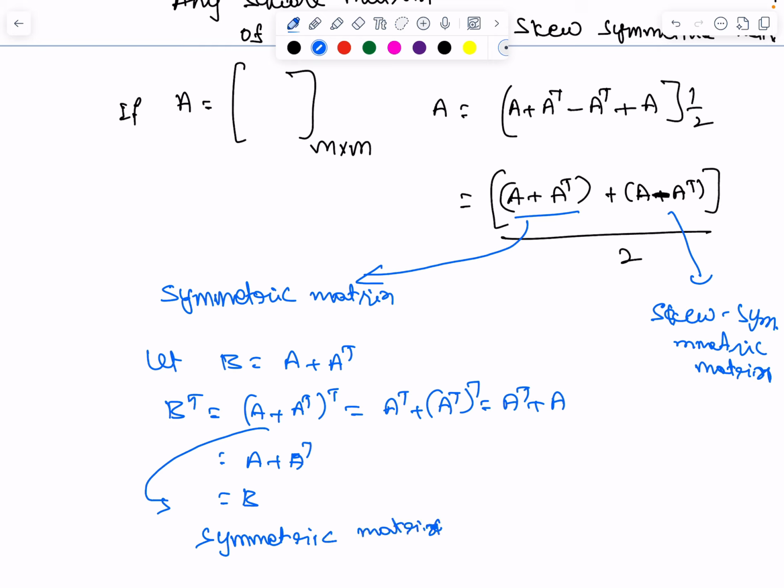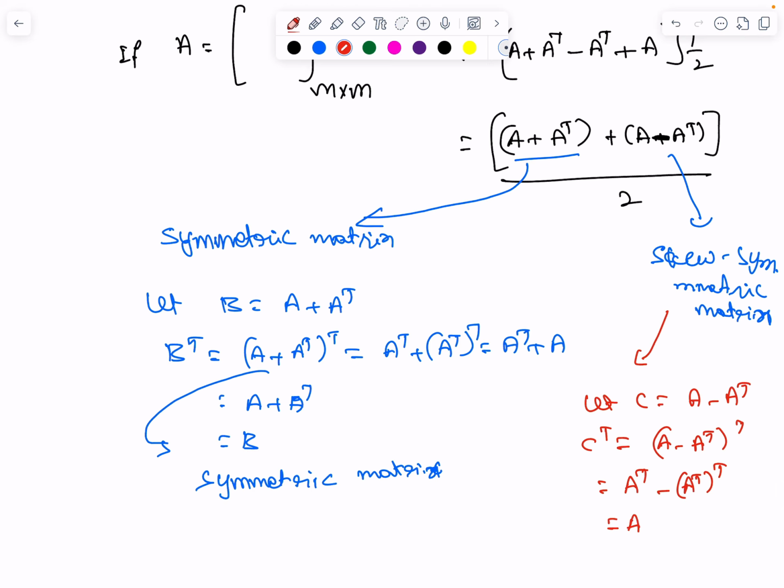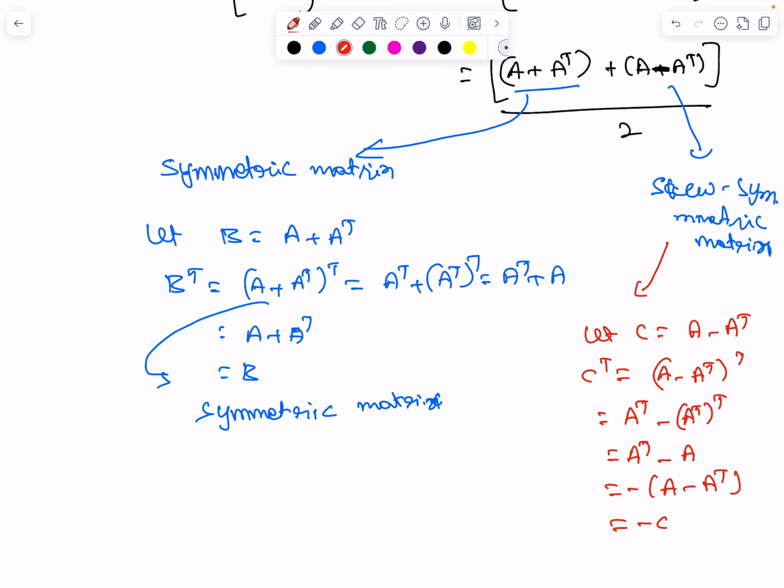Similarly, if you look at the other part, let C is equal to A minus A transpose. Of course, 2 is a constant, you can ignore it or take it outside, not an issue. Then you take C transpose, A minus A transpose whole transpose, which is equal to A transpose minus A. I can take minus common, minus of A minus A transpose, which is equal to minus C. From there I can say that C is equal to minus C transpose.